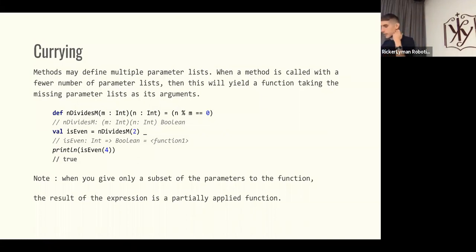This is the curry syntax, basically. And we can apply such a function partially. We can supply only the first argument, and this will return a function with one argument, basically. This is called currying.